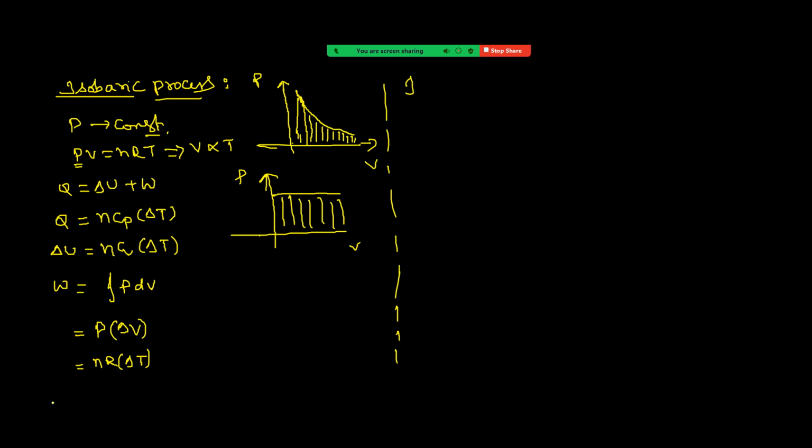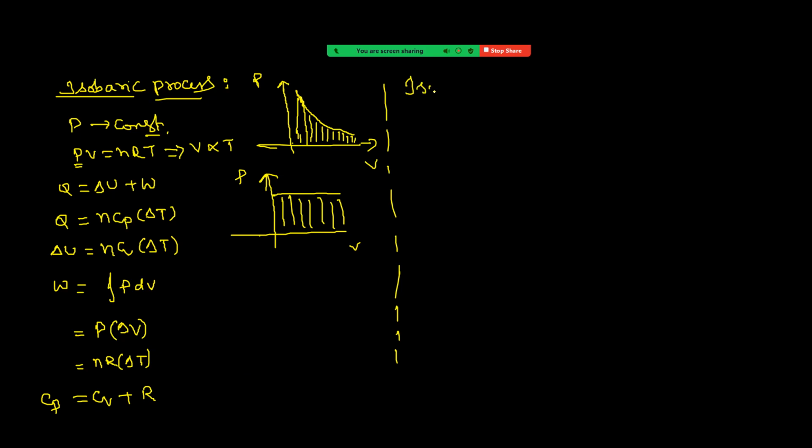We get, n delta T gets cancelled. Remaining is Cp equal to Cv plus R, or Cp minus Cv is equal to R. Okay, right.